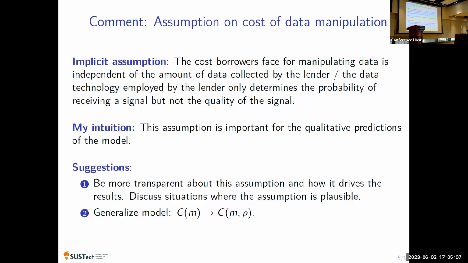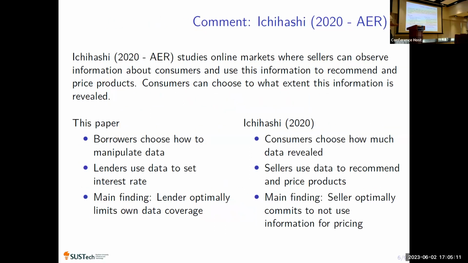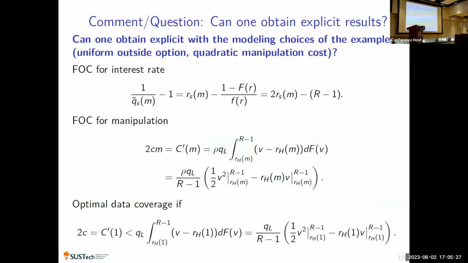Okay, then I have some other comments I will just mention briefly. I think there's an interesting parallel paper by Xiong, relatively recent, which studies a similar situation in online markets. I think that serves as a comparison. I was wondering, in the example with this specific choice of a uniform outside option and proving costs, whether it's possible to get some explicit results instead of just a characterization by first order equations.